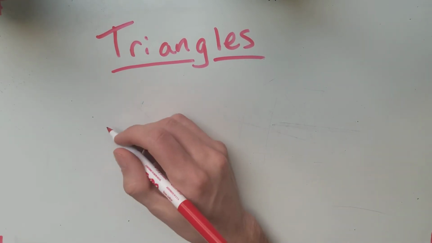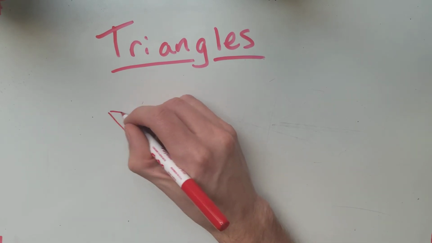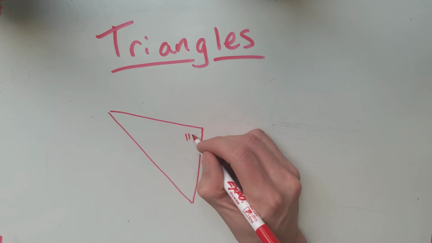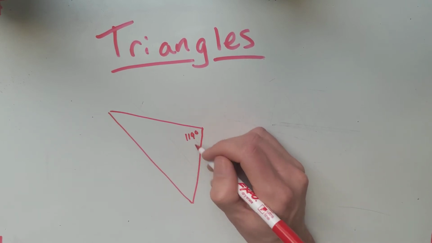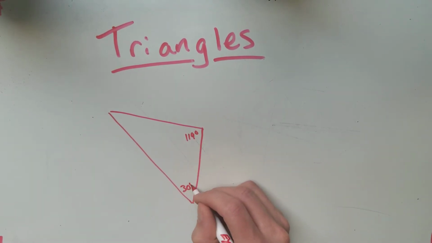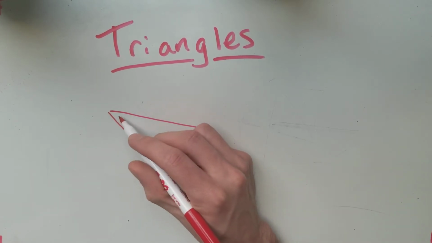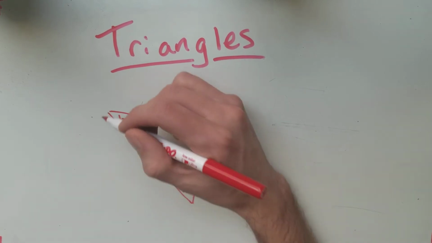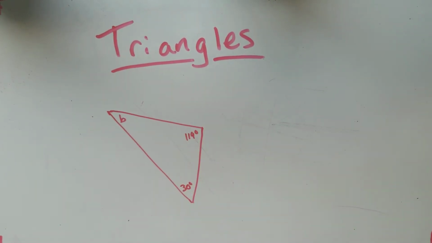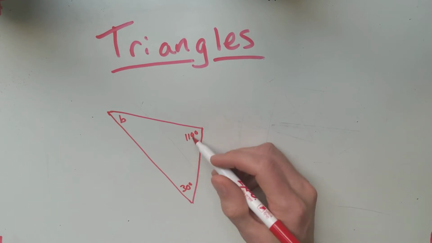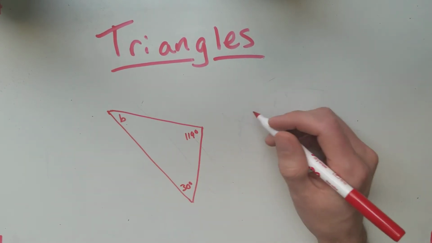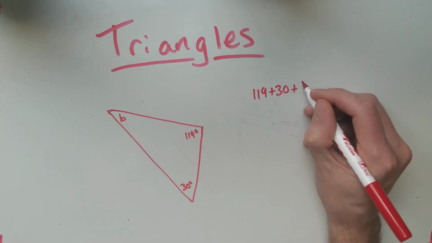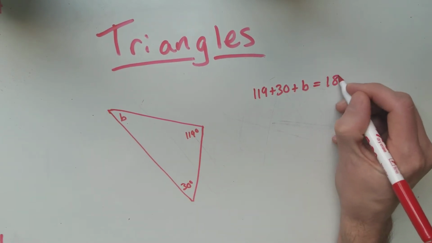For the first example, we have a nice triangle that looks something like this. This is the third slide if you're following along. We have this angle measuring 119 degrees, this angle measuring 30 degrees, and this angle is just called B. Our goal is to find the value of the variable and then the value of the missing angle. For this, we have two of the angles of the triangle and we don't know the third, so we know that 119 plus 30 plus B has to equal 180.